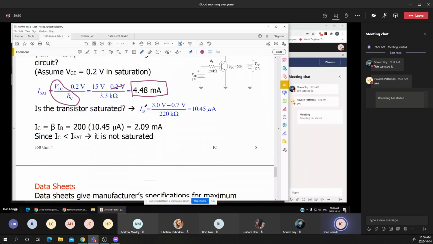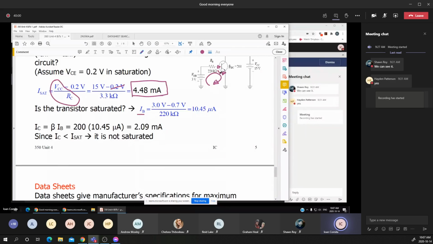Now let's have a look at how we can calculate the IB. In this diagram, you notice that I have an external source that is connected through the RB to supply a current on the base. How can we calculate this current? Again, I'm applying the KVL on this input loop, or the base loop, which is the 3 volts minus the voltage drop between the base and the emitter.